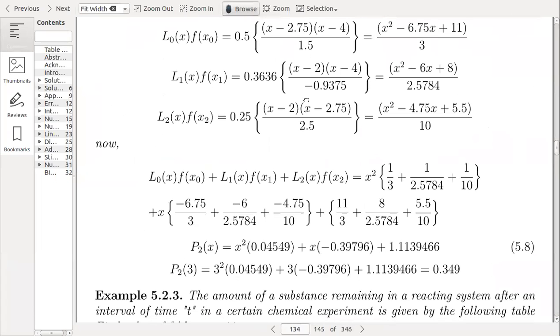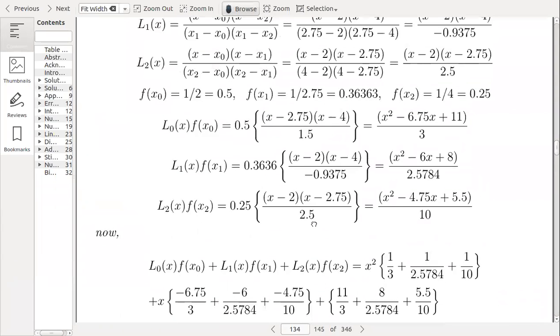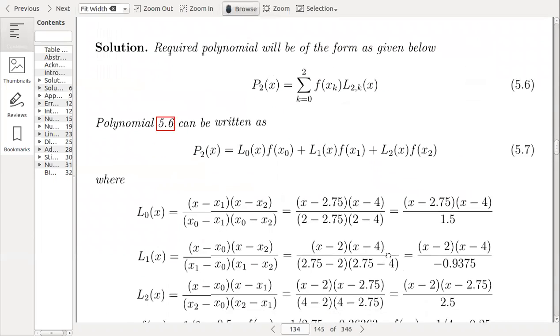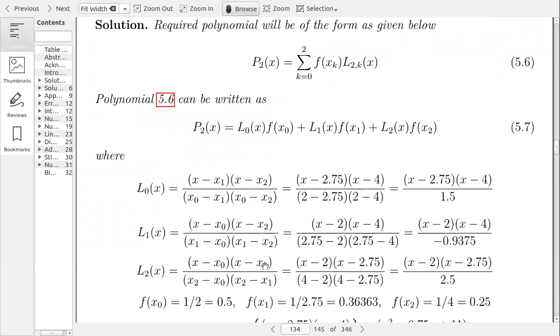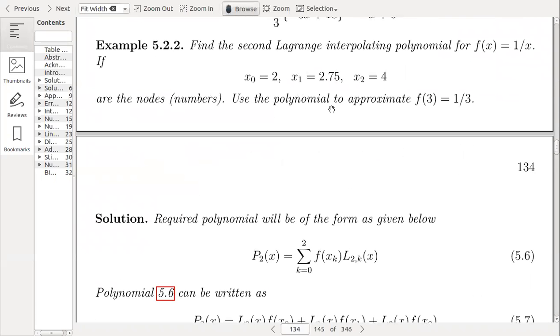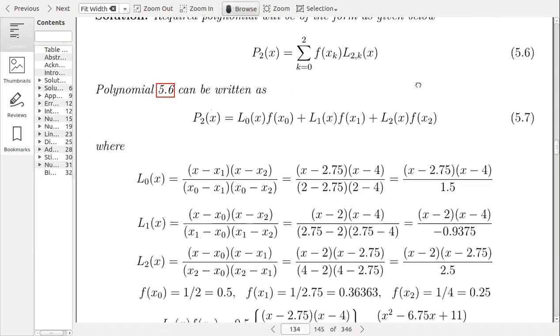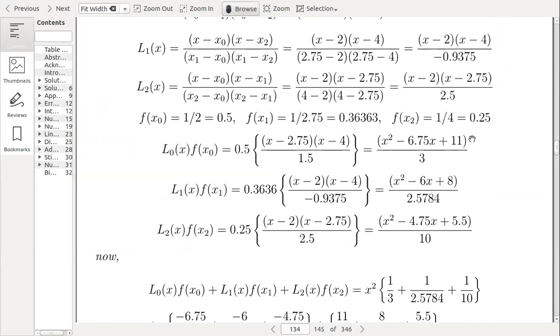So we have replaced this 2.75, and we get 0.36363, and then f of x2, 1 over 4, is equal to 0.25, because if we divide 1 by 4 it is 0.25.